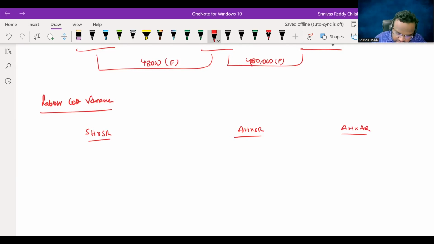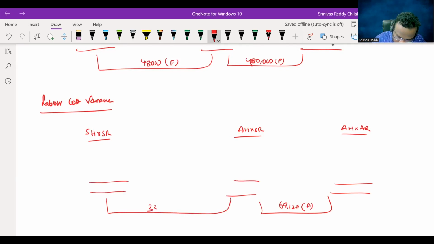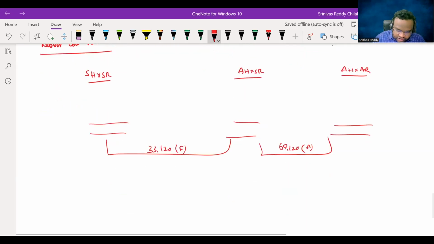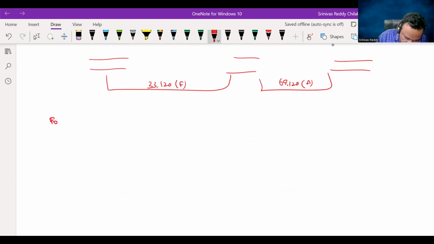So rate variance between these two, 69,120 adverse. Efficiency variance 33,120 favorable. Fixed overhead, production overheads. Fixed overhead absorbed overheads.